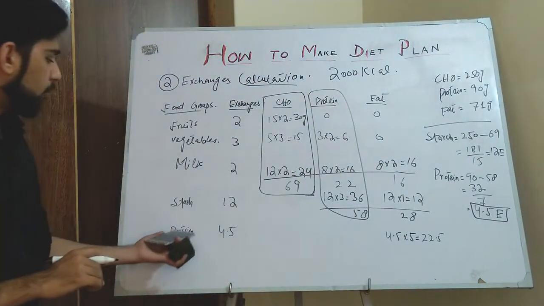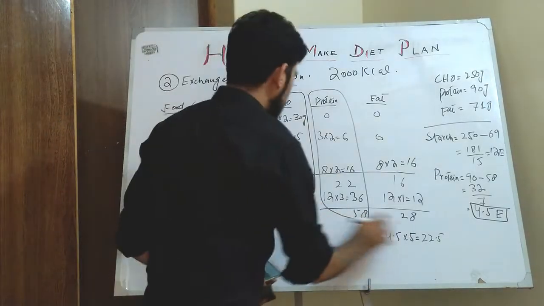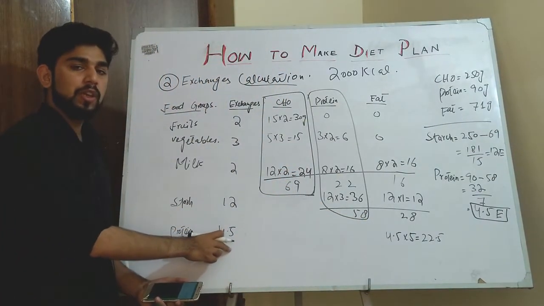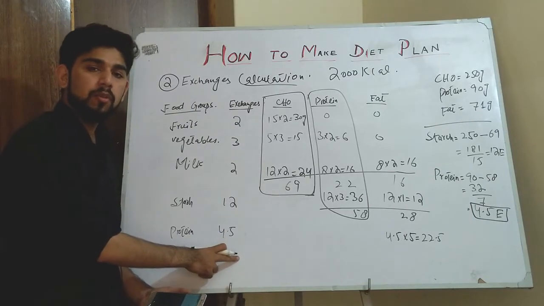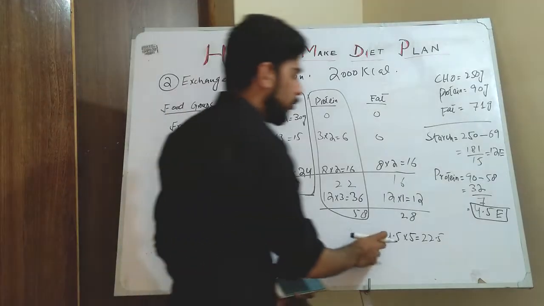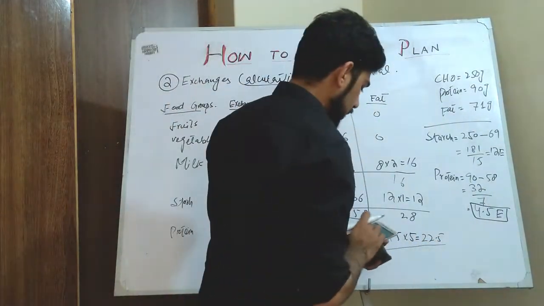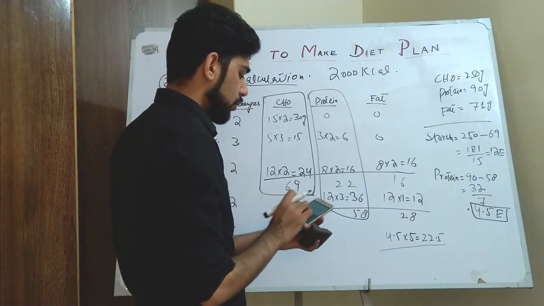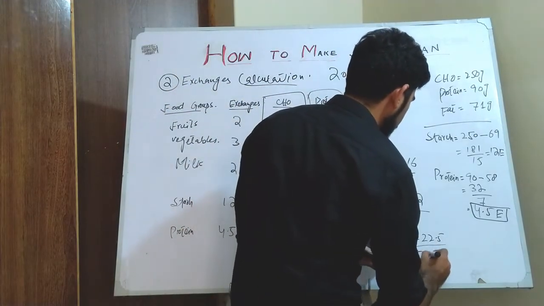So the fat that we get from the total protein exchanges is 22.5, because we get total protein exchanges 4.5, and one exchange of protein gives you 5 grams of fat. That's why we multiply 4.5 with 5, and we get total fat here is 28 plus 22.5, that is 50.5.